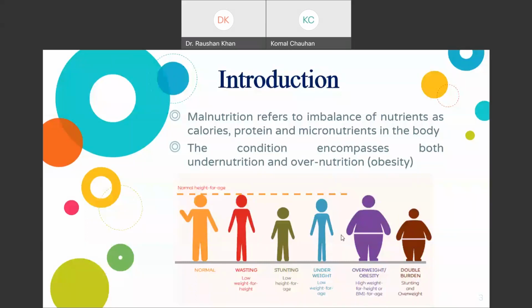Globally, 155 million children under the age of 5 suffer from chronic malnutrition, also known as stunting, or low height for age or low weight for age. It occurs during pregnancy and the first 2 years of life of a child, and is irreversible.